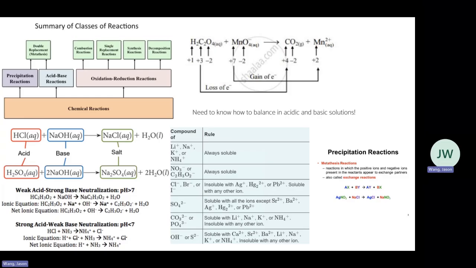And then in the middle here, I kind of put a list of all the solubility rules that you should know. Okay, so make sure to know the solubility rules. Okay. And then sometimes it's confused with the metathesis reactions. These are just your double replacement reactions.